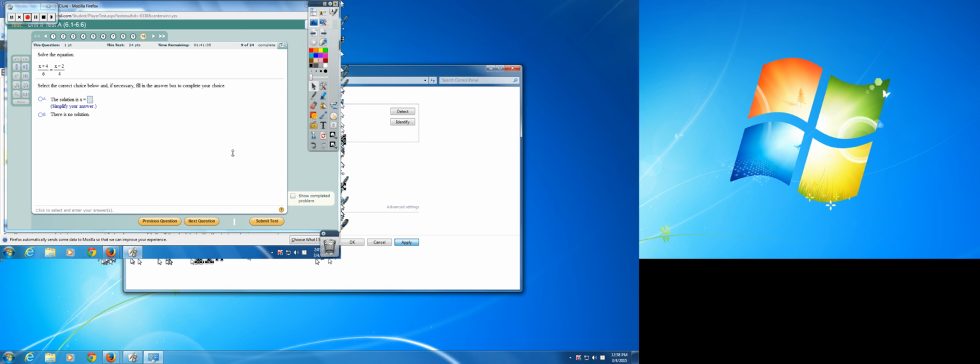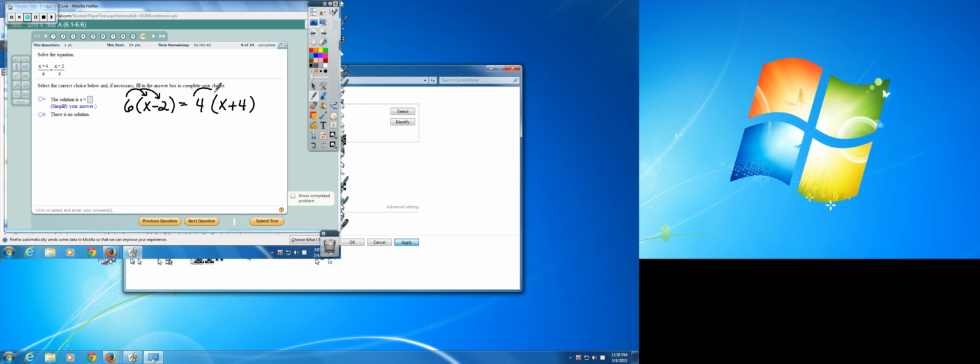So if you cross multiply, that's going to be 6 times x minus 2 is equal to 4 times x plus 4. Now what?